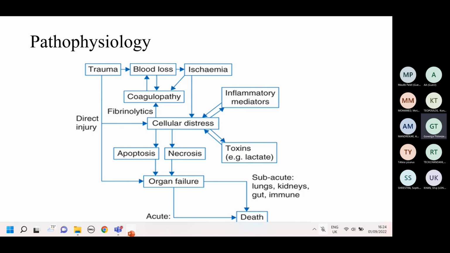It's a cycle, so ultimately we get organ failure and multi-organ failure, with the patient bleeding and ending up in another organ failure.